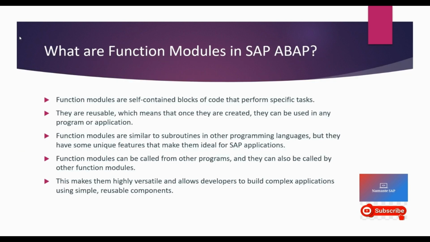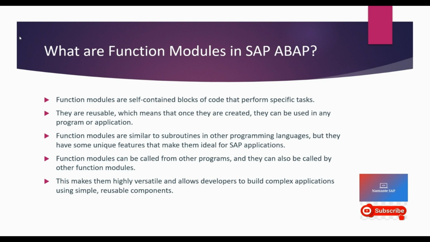What are function modules in SAP ABAP? Function modules are self-contained blocks of code that perform specific tasks. They are reusable, which means that once they are created, they can be used in any program or application.